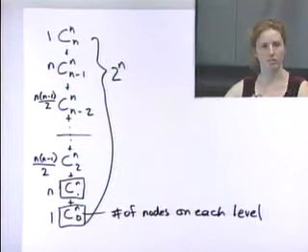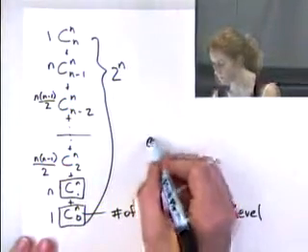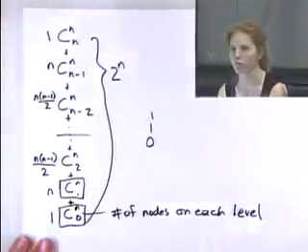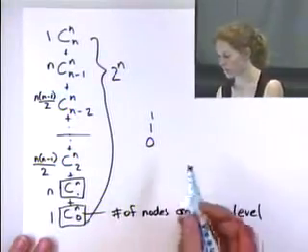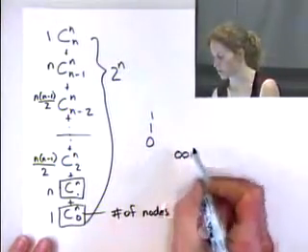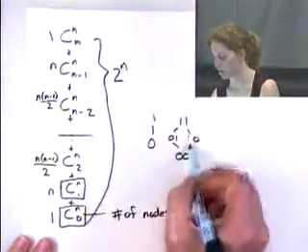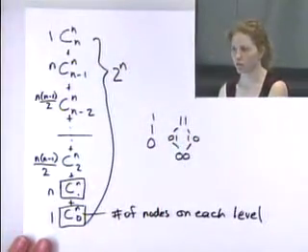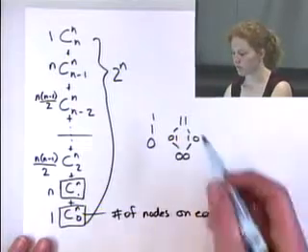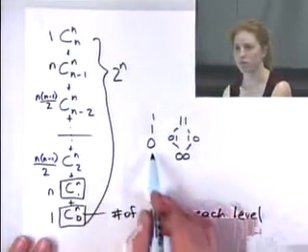So if n is 1, I have just 2 levels, right? If it's 2, then I have 0, 0. And then the symmetry is about there, and the middle one has 2.